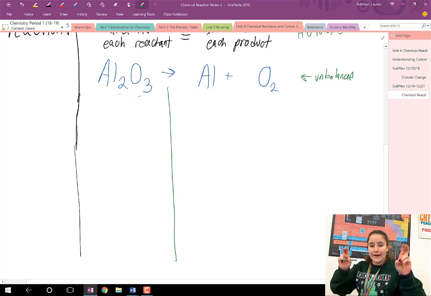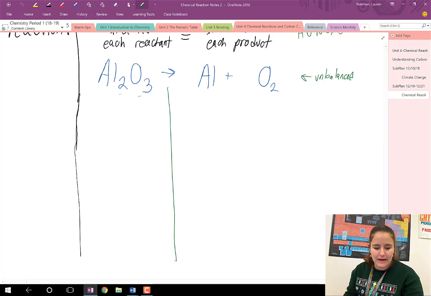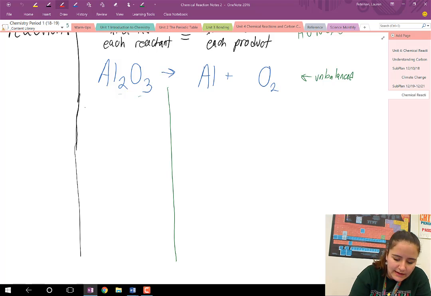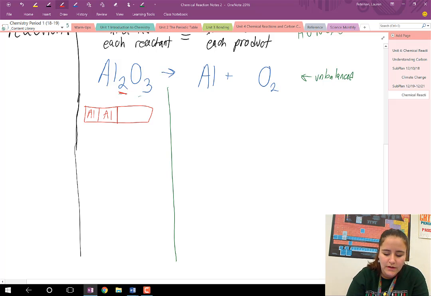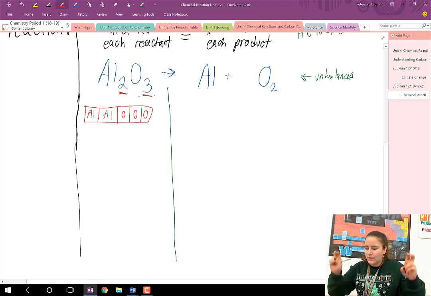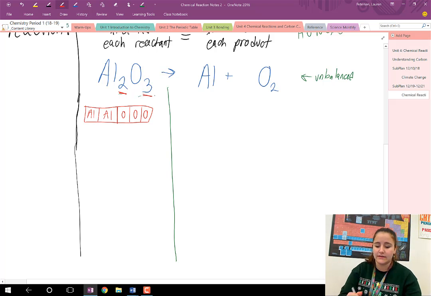And I'm going to draw bricks for each of my compounds. So aluminum oxide is a compound, and it is made of 2 atoms of aluminum, okay, Al2, and 3 atoms of oxygen, O3. And that's my brick of aluminum oxide.